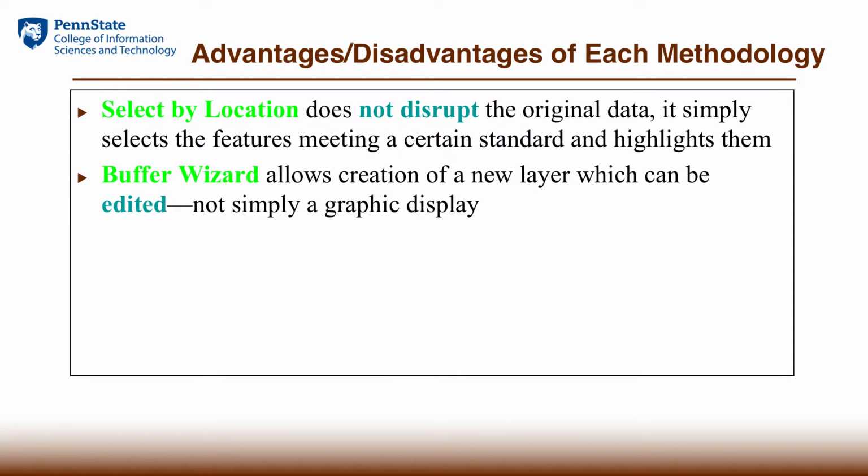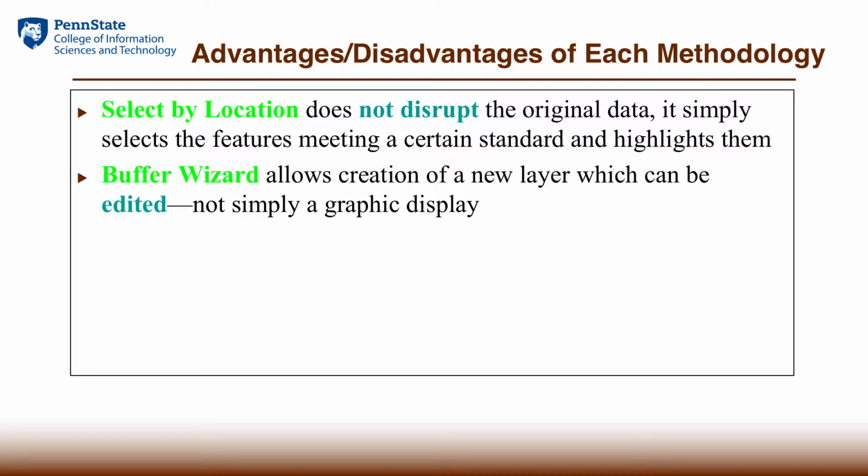The two methods we talk about, select by location and buffer zone analysis, have some differences in terms of usage. Select by location doesn't really output anything until you try to generate a report. However, the buffer analysis tools will automatically create a new layer including those buffer zones. This is very useful if the buffer zones you define are going to be used in multiple analyses, since having the buffer zone already generated makes the analysis more useful.